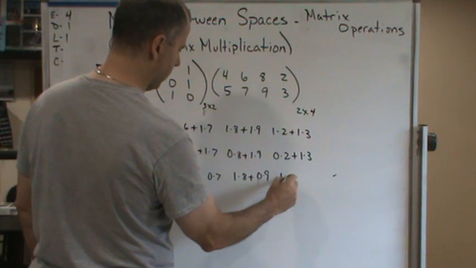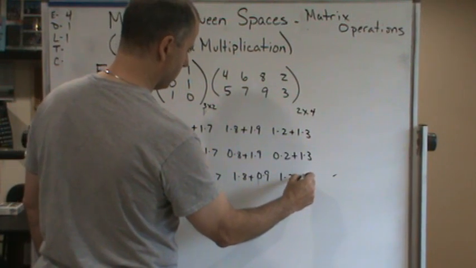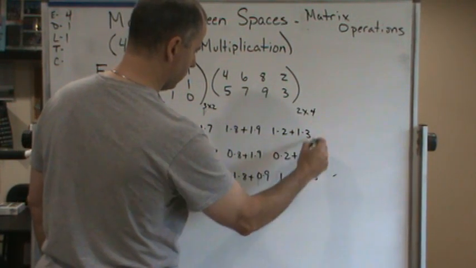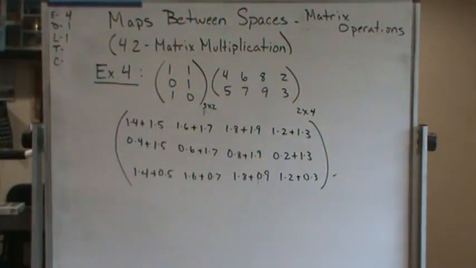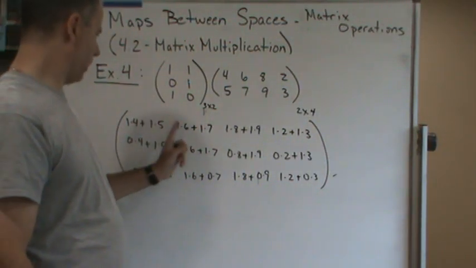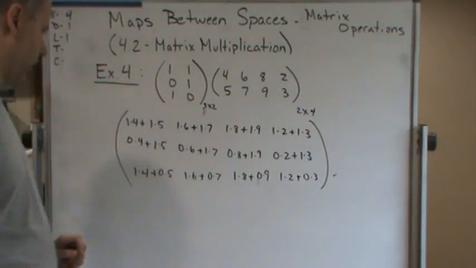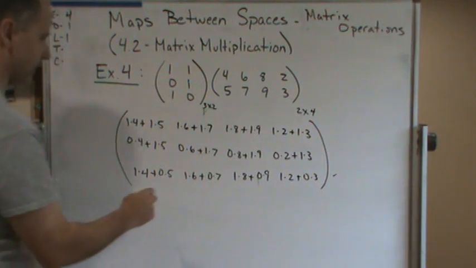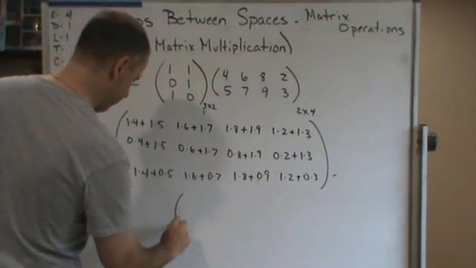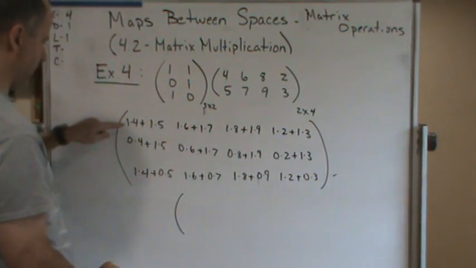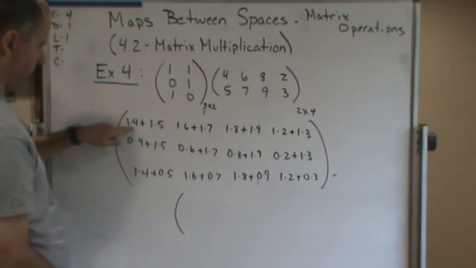And then finally 1 times 2 plus 0 times 3. Okay? And look, we do have 1, 2, 3, 4 columns, and we have 1, 2, 3 rows. So our final matrix ends up being what?